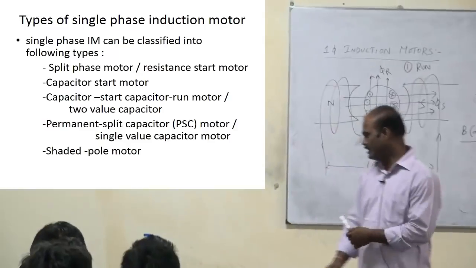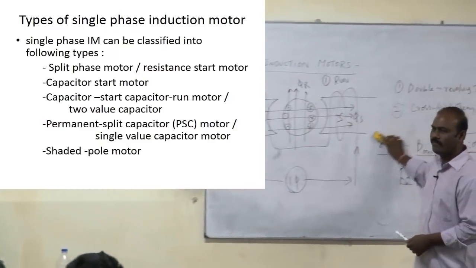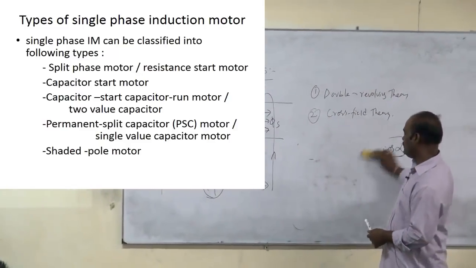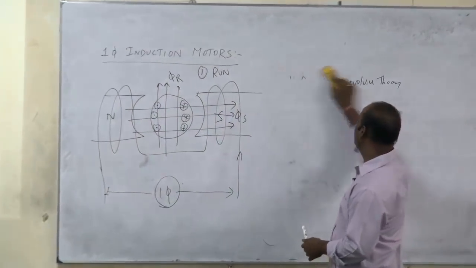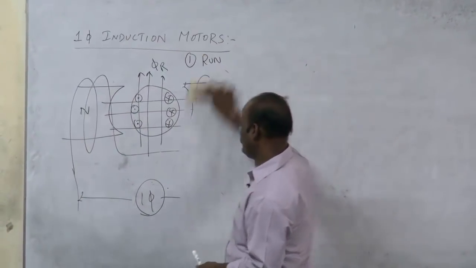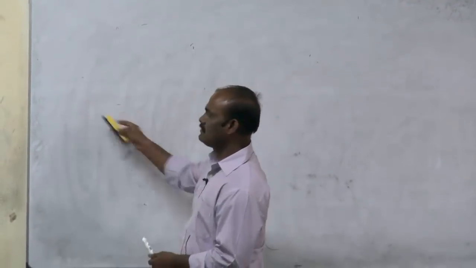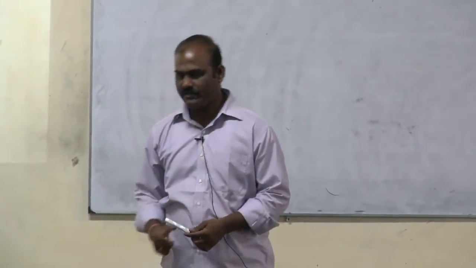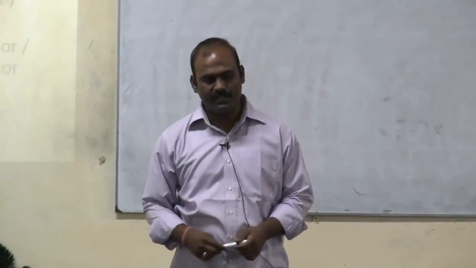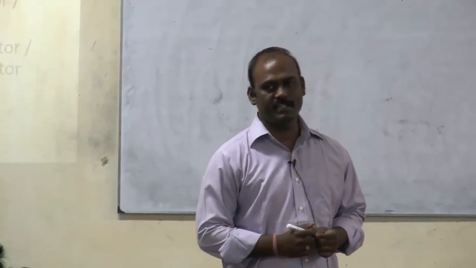Now, as we are saying, here we need two fluxes, phi s and phi r. We have so many types of induction motors. The first one is where one winding is split into two.